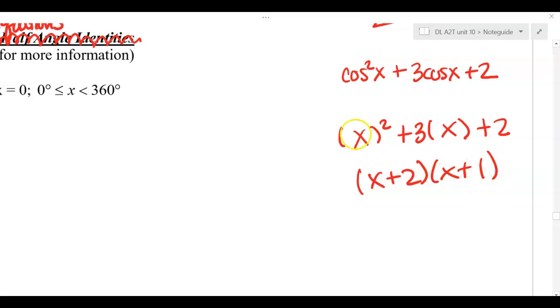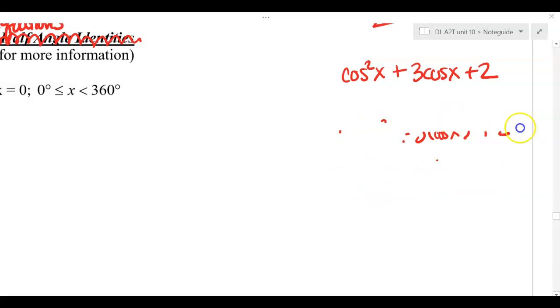The only difference now is it's not an x. It's a cosine of x that's in these spots that you would then be using in these spots as well. Okay, so I just want you to see that parallel. You might not be used to seeing it exactly this way, but you have seen this structure before, and it's okay to think about it like that.